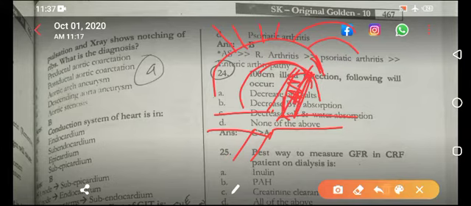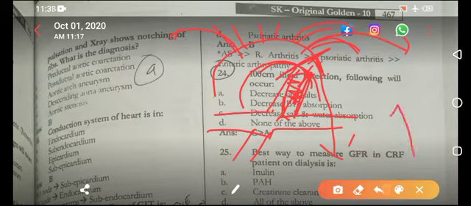If that constriction does not involve the subclavian artery and is distal to it, the BP in the right arm is equal to the BP in the left arm. But there is decreased blood flow to both limbs. So there is decreased blood flow to the kidney, and the kidney presumes that the body is in a hypovolemic state. So the kidney releases renin, activates the renin-angiotensin system, and retains water and normalizes BP in the lower limb.